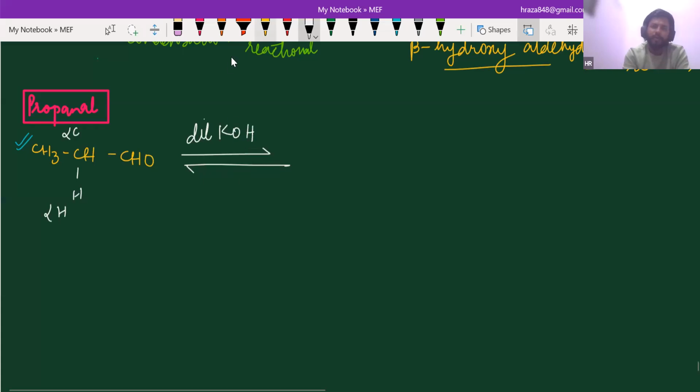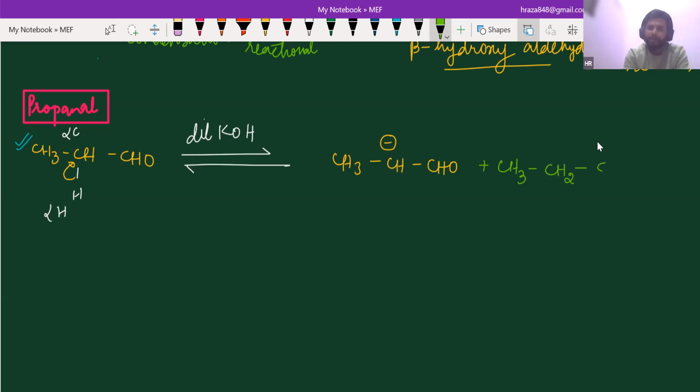So what will happen? This electron will be gained by carbon. The alpha hydrogen's electron is gained by carbon. So it will be CH3, then CH negative, then CHO. And again, we are going to take a second mole of this, CH3CH2, and this will be C double bond O and then H. So what will happen here?